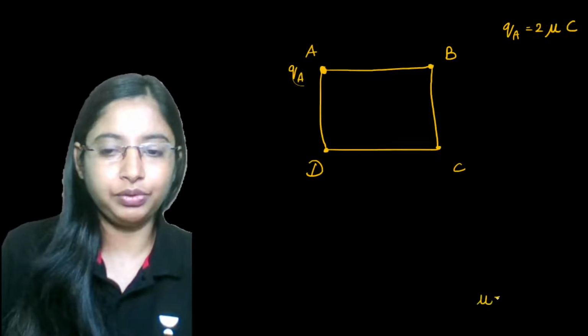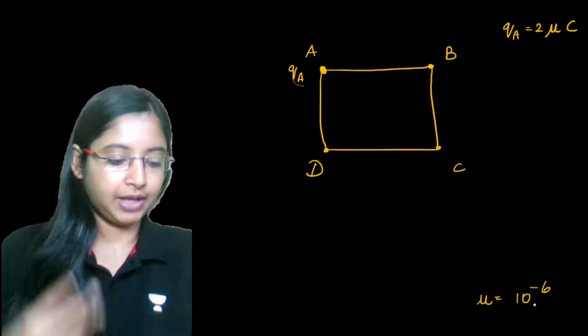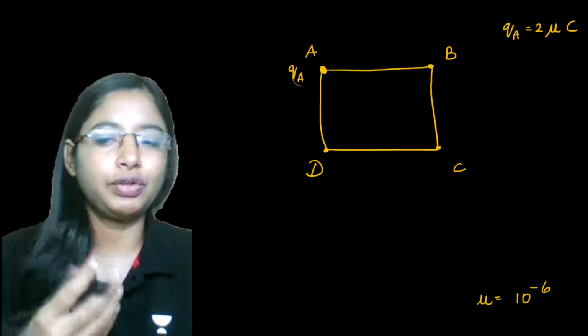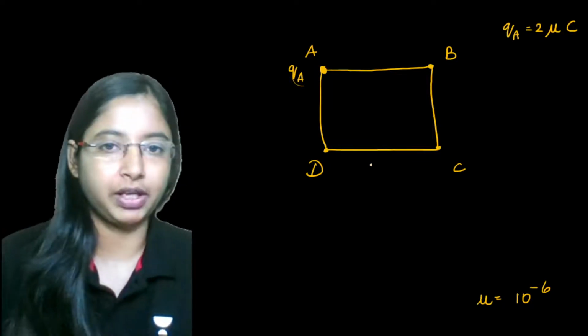The value of micro is 10 to the power of minus 6. Whenever you talk about charge, we give it in microcoulombs, because 1 coulomb of charge, as we saw earlier, is a very huge charge.